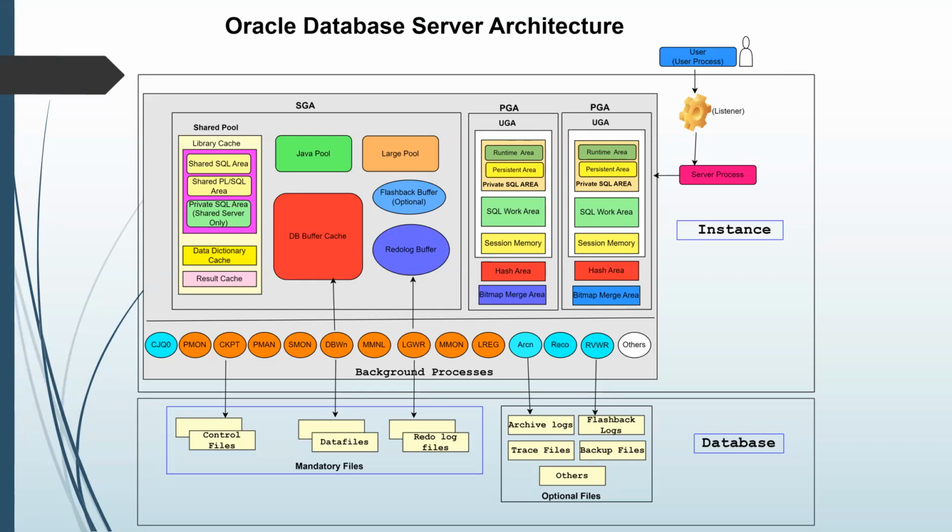What are those net configuration files? Those net configuration files will be present on the user end, or they will be present on the application servers. Those net configuration files will have the details of this listener, as in what is the name of the listener, on which port it is running, on which server this listener is running, and what type of protocol it is accepting the connection on.